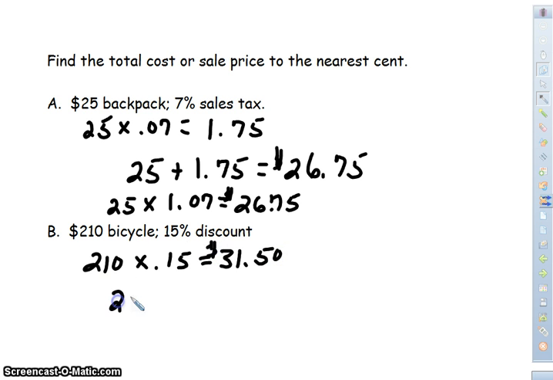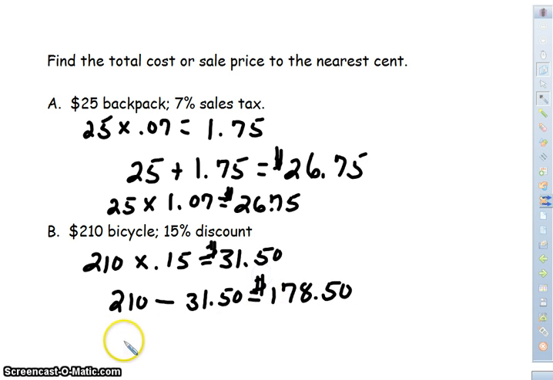It is a discount, so 210 minus 31.50. Which equals $178.50.